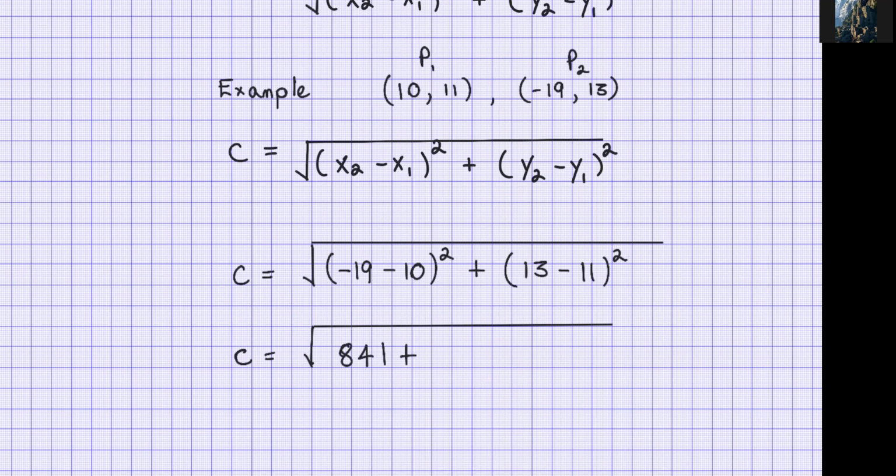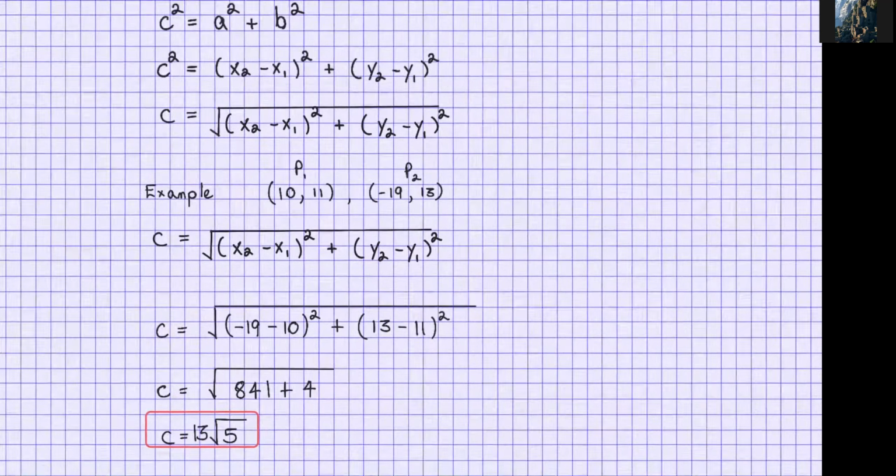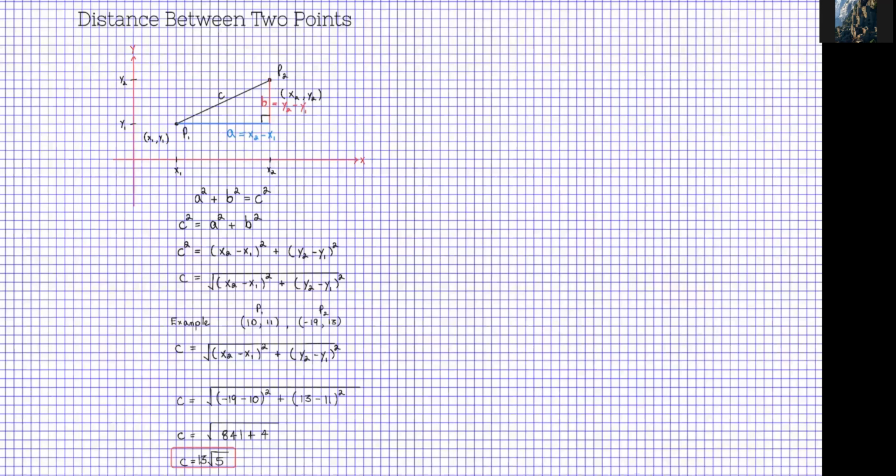So I have 845, the square root of 845. So I have that the distance between those 2 points is the square root of 845, and this is my final answer. And that's how you calculate the distance between 2 points.